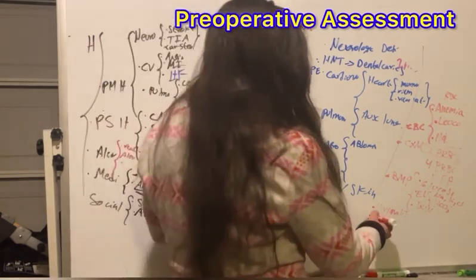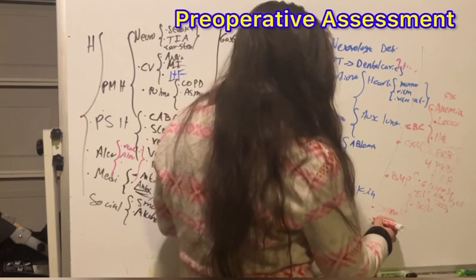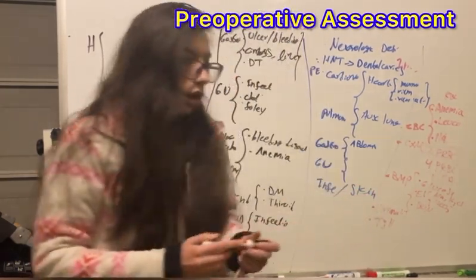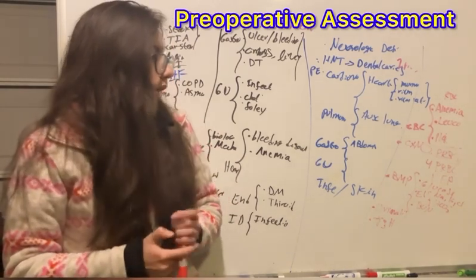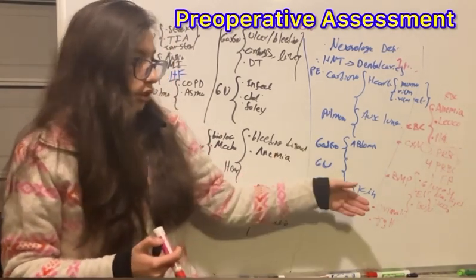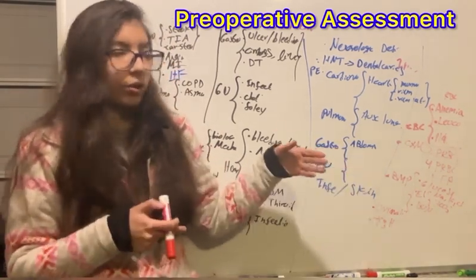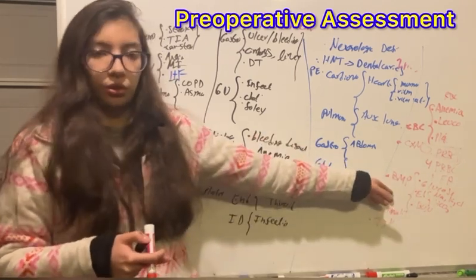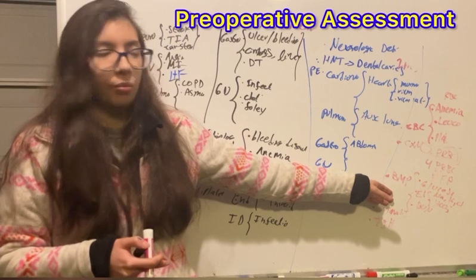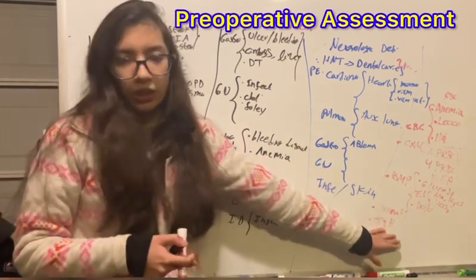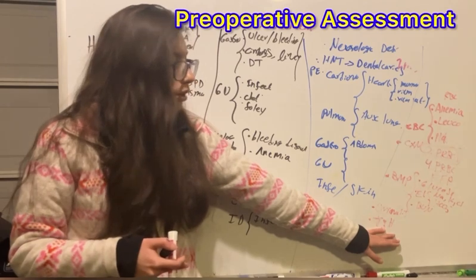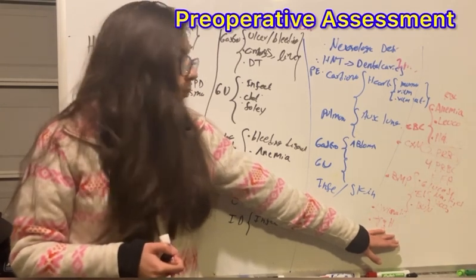We could also ask for TSH. This is in case the patient has atrial fibrillation, which will need amiodarone to control the rate, or if we suspect the patient is going to be on amiodarone, so we need to evaluate TSH, because either hypo or hyperthyroidism is a complication of amiodarone.